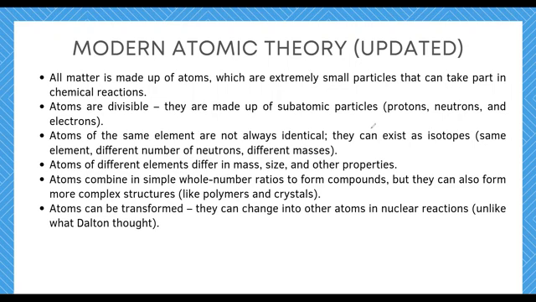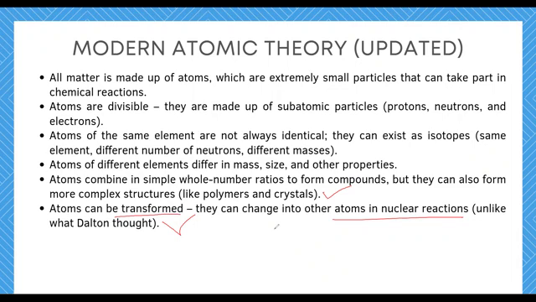Atoms combine in simple whole number ratios to form compounds, but they can also form more complex structures like polymers and crystals. And then finally, atoms can be transformed. They can change into other atoms in nuclear reactions, unlike what Dalton thought. So this is the updated form of the atomic theory that was proposed by John Dalton.